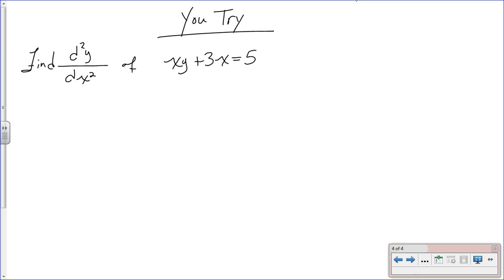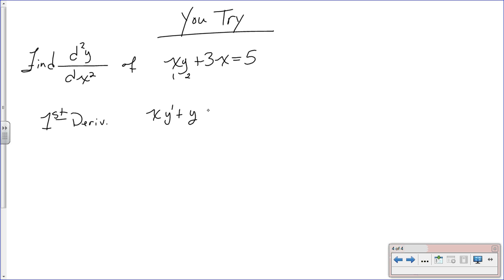All right, so let's find the first derivative. This is product rule here. So this is 1 and this is 2. You have 1 d2 plus 2 d1, which is just 1, so I'm just going to leave it as y.